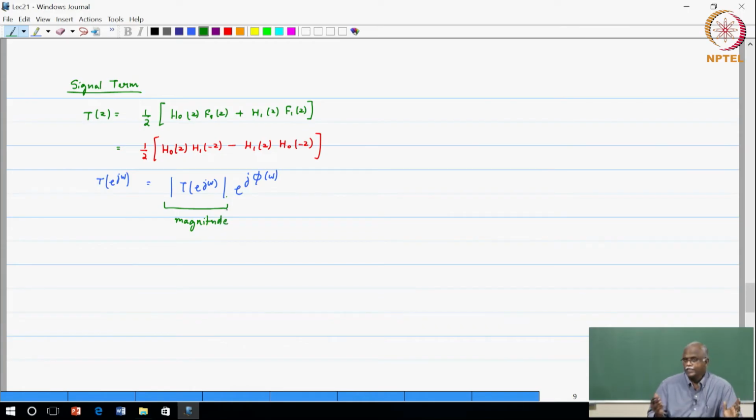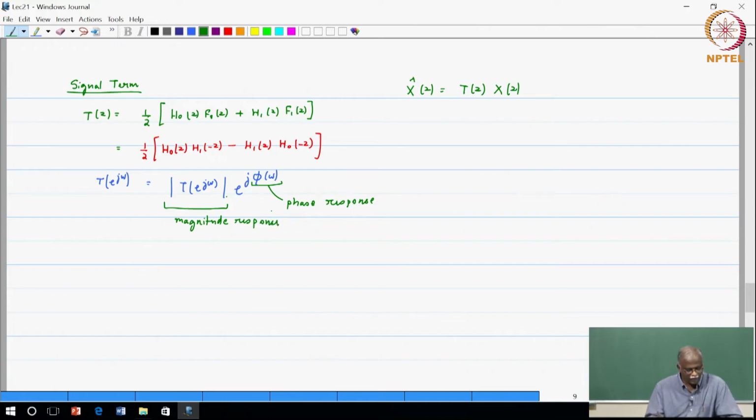I can talk about a transfer function because it is now an LTI system, because aliasing has been removed. So, the relationship is that x hat of z is equal to T of z times x of z. So, basically the transfer function is T of z, and phi of omega is referred to as the phase response of the transfer function.